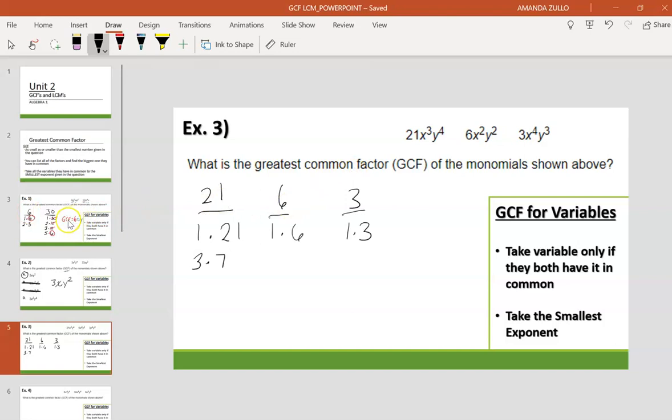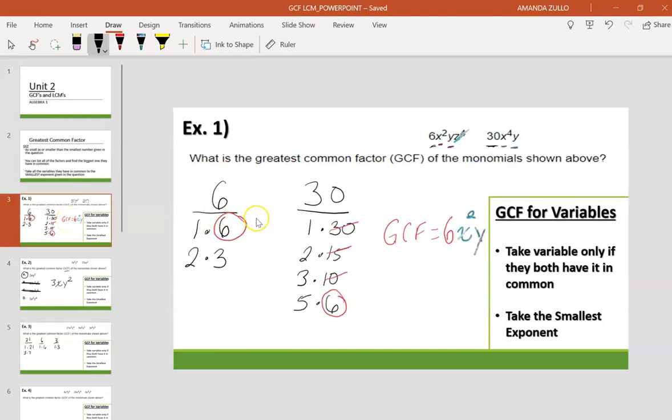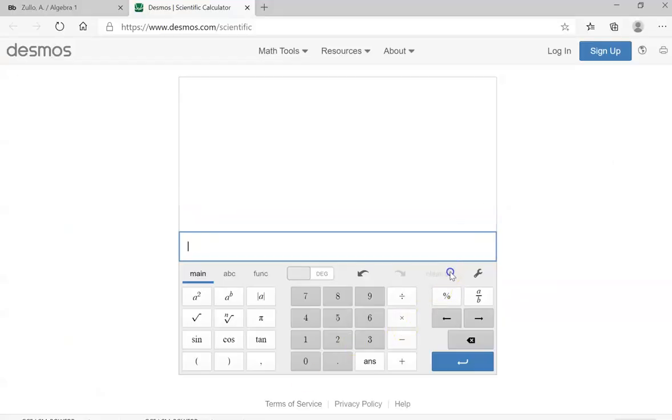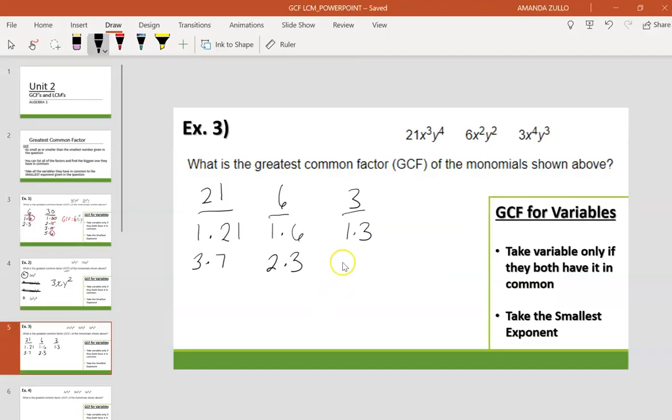Factors of 6, if you already listed the factors in a previous example, just use them. So 1 and 6 we already have, 2 and 3 is what we're missing. All right, and as for 3, let's just see if 2 will divide, and I know that some of you probably already know, but if you just want to keep on going with the theme, you could do it this way. That gives us a decimal, and obviously the number that comes after 2 is 3, and it's listed.